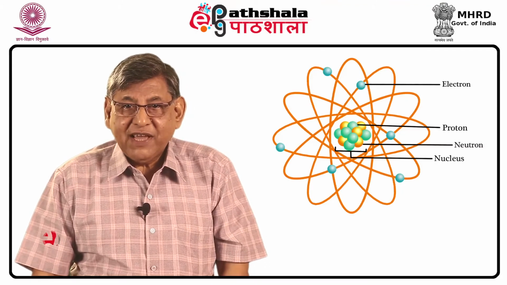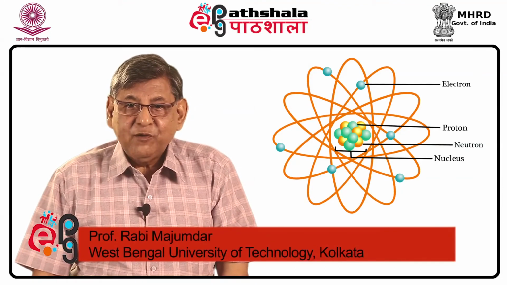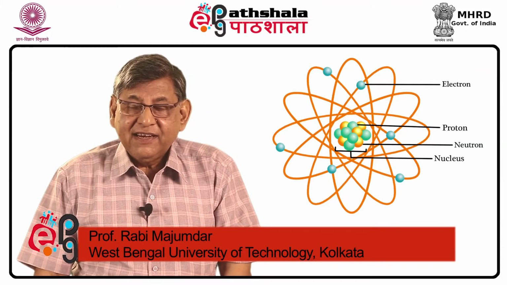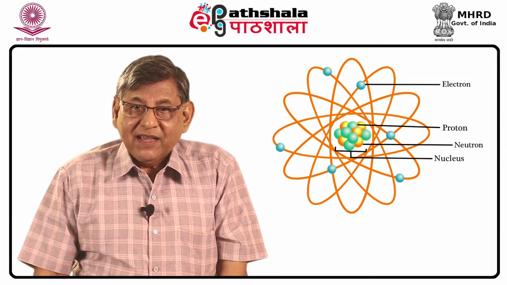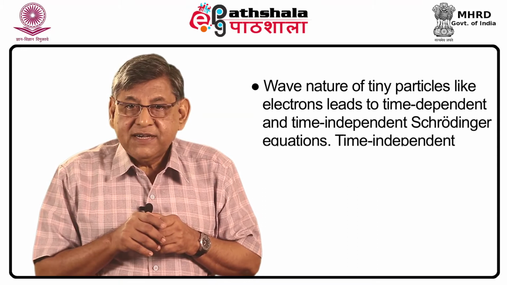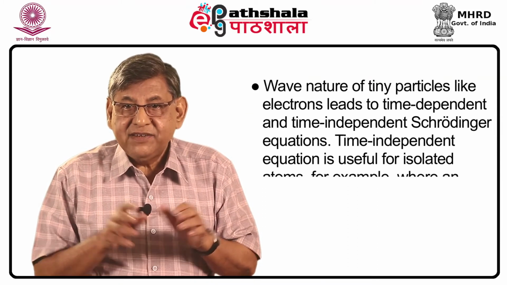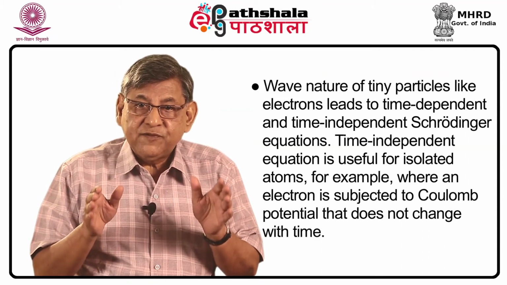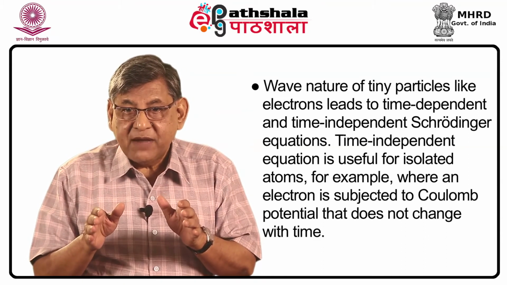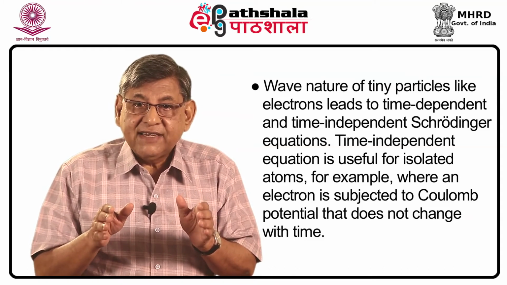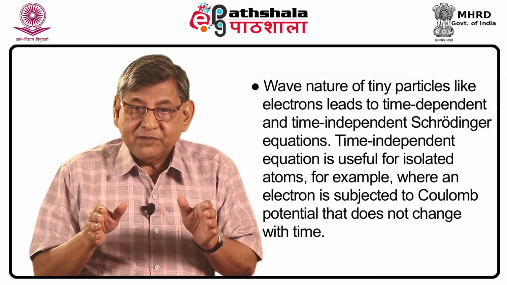Students, we have now come to the end of this lecture, and before we end, let me summarize what we have learned. Number one, the wave nature of tiny particles like electrons leads to time-dependent and time-independent Schrodinger equations. The time-dependent equation is useful for isolated atoms, for example, where an electron is subjected to a Coulomb potential that does not change with time.